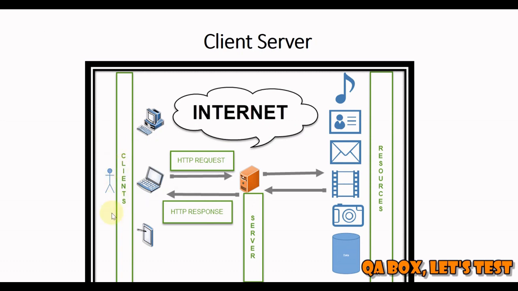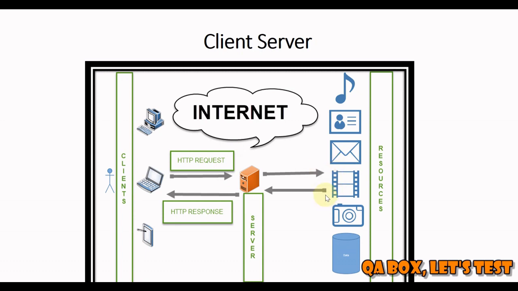And on clients, we have the user agents which do the job on behalf of these clients, right? And send the request which follows the HTTP protocol, and we'll talk about that in a while. So we send an HTTP request to the server. The server looks out for a particular resource, which again is mentioned in the request only, right?